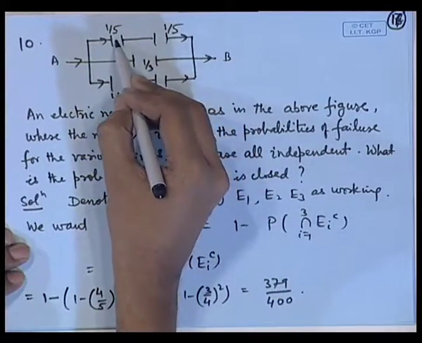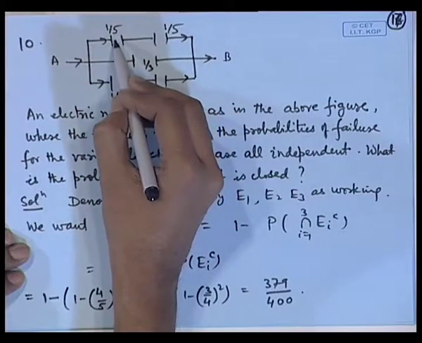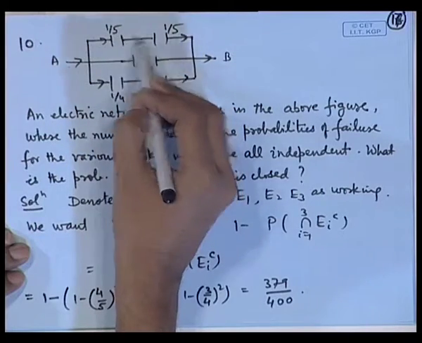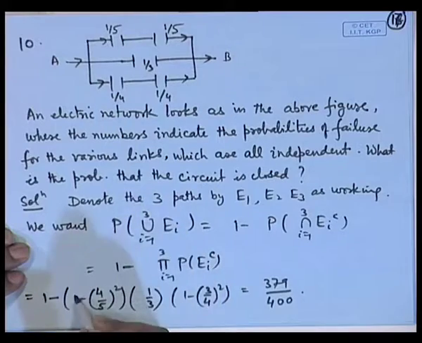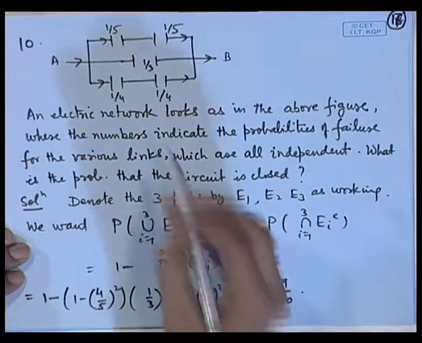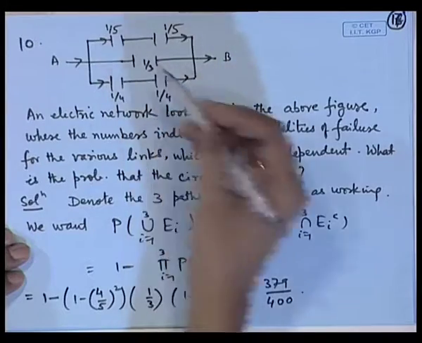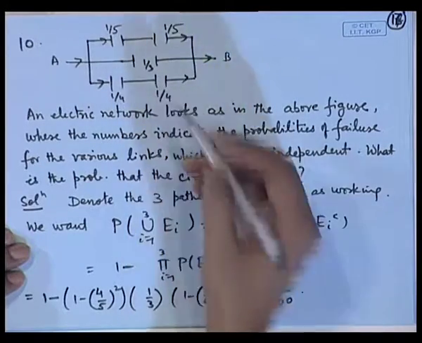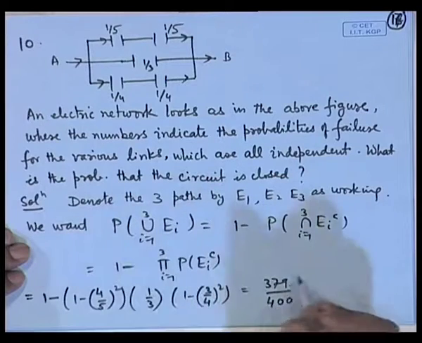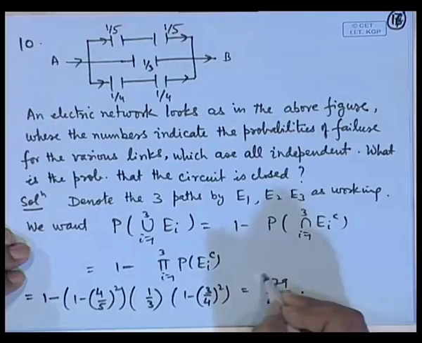It is working if both links are working, that means 4 by 5 square. So, it becomes 1 minus 4 by 5 square. This will not work with probability 1 by 3, and this one will not work with probability 1 minus 3 by 4 square. So, after simplification it becomes 379 by 400, which is pretty high.